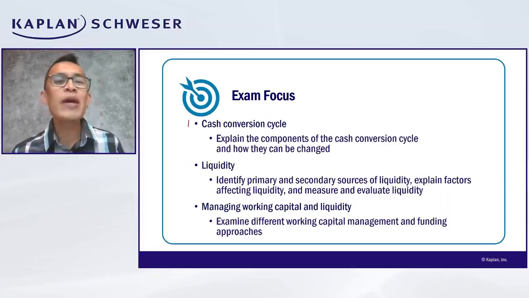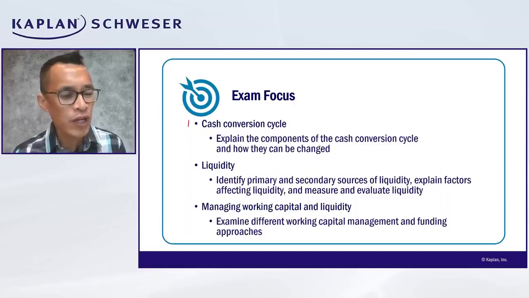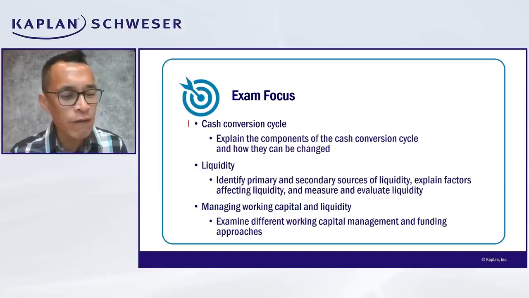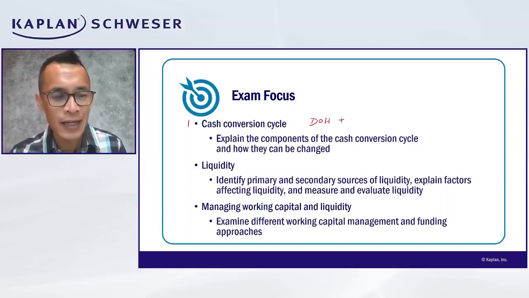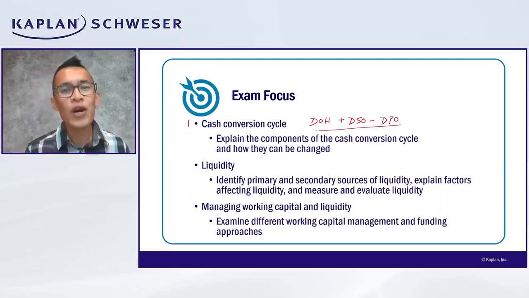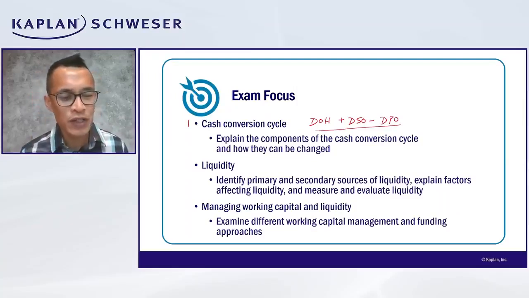Mechanically speaking, it's computed as the sum of the days of inventory on hand and the days of sales outstanding, minus, of course, the days of payables outstanding. That's the simple equation you have to understand.